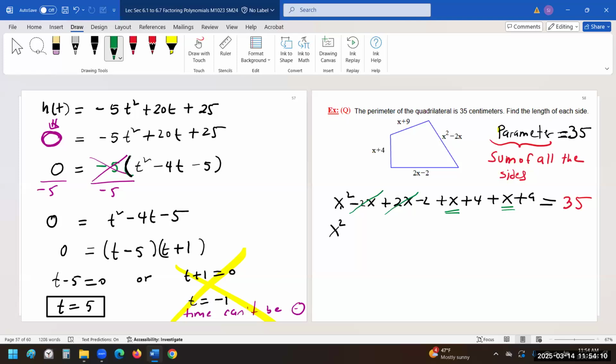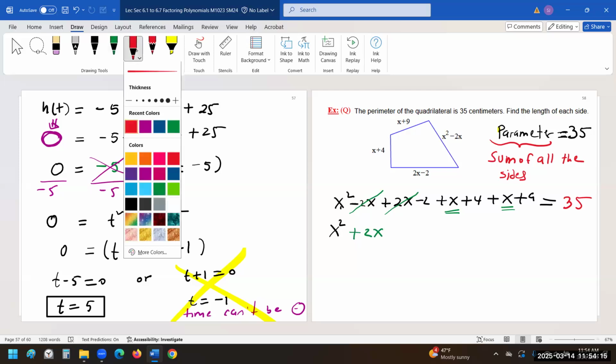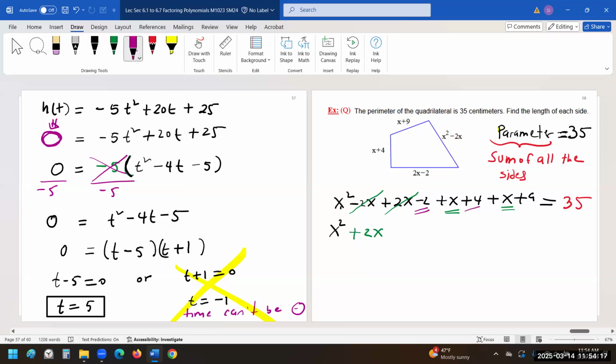So when you combine these x, we have 2x. And then we have minus 2 plus 4 plus 9. 4 minus 2 is 2, and 2 plus 9 is 11. So we have plus 11 equals 35.